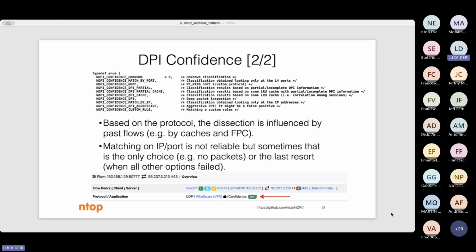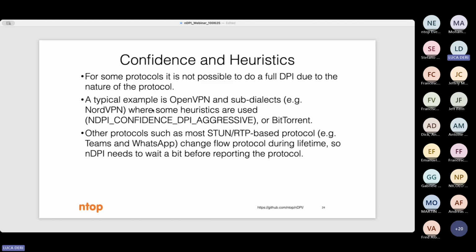Confidence is an important metric that is used to report to you, when a certain flow is detected, what type of confidence you can have in the library. If it's DPI, I don't want to say 100%, but you're close to 100% accuracy that this is the real protocol. If you use some other aggressive techniques, for instance, DPI aggressive used for OpenDPI, this is likely to be correct, but we cannot guarantee 100% that it's like that.